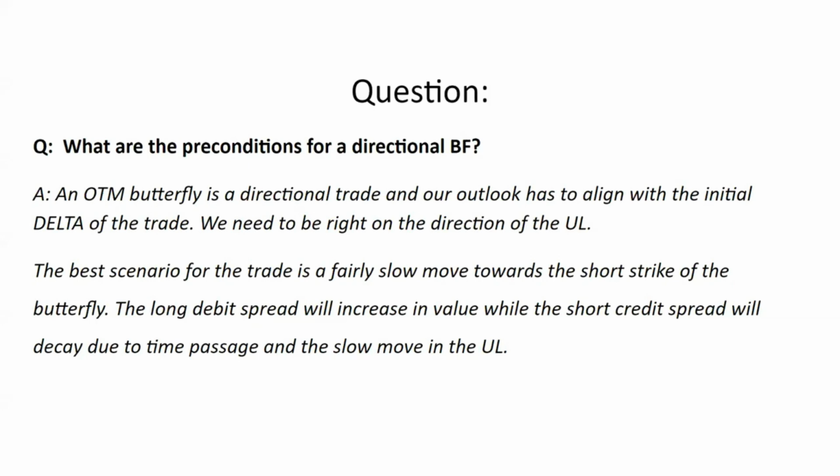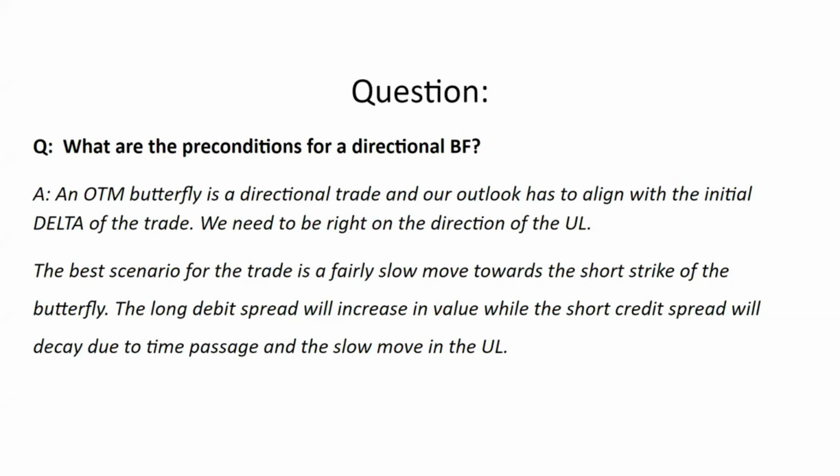So instead, again, keeping it very simple is key here. If I'm bullish, then I'm going to look to place an out of the money call butterfly. If I'm bearish, I'm going to look to place an out of the money put butterfly. And that's what I wrote in my notes here, pretty much, just to summarize this.